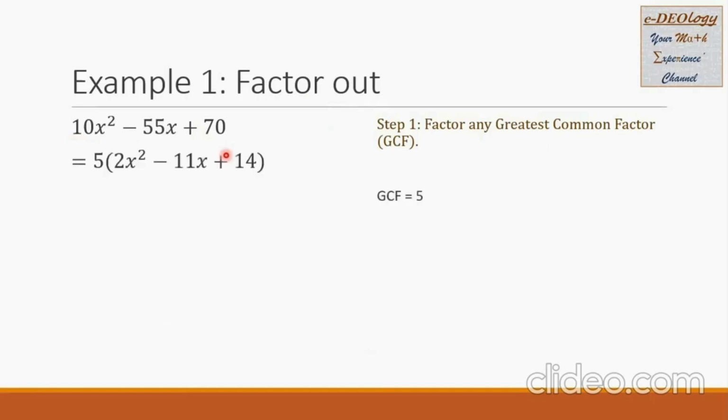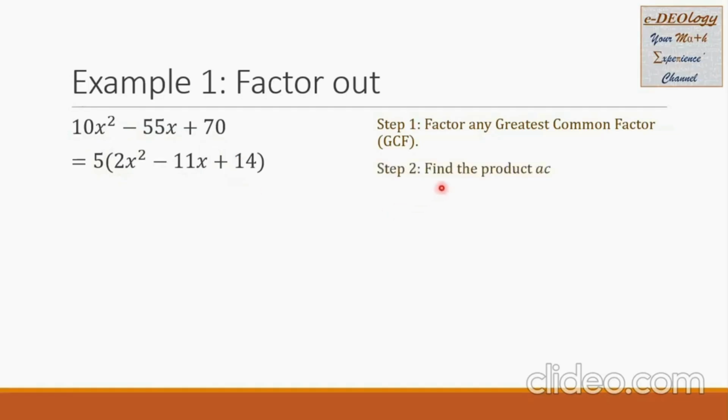So we can factor out that number 5. What remains in the first term will be 2x squared. For the second term, it becomes negative 11x. And the third term, 70, will become 14.